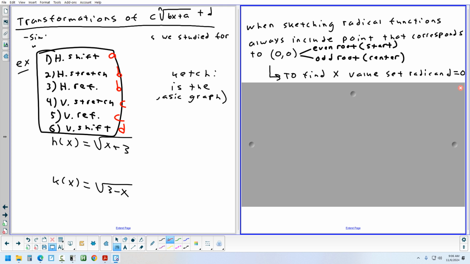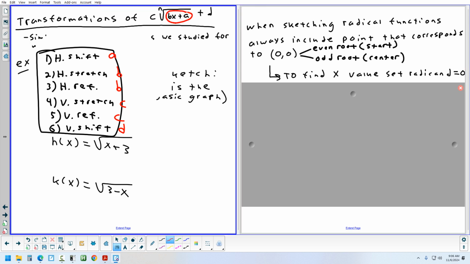Just as a reminder, that part is the radicand. So the only thing that would affect the x value is the a and the b. The c and the d have nothing to do with the x value of your new start or center point. So set the radicand equal to 0 and solve.